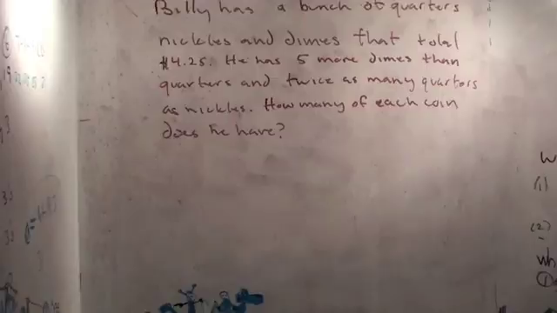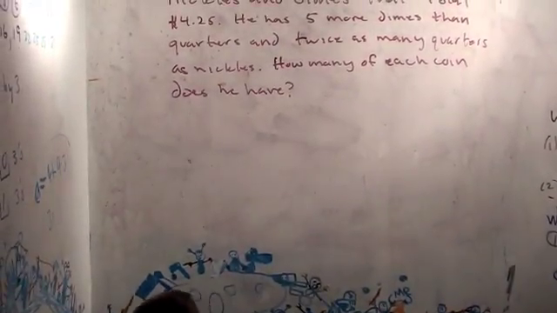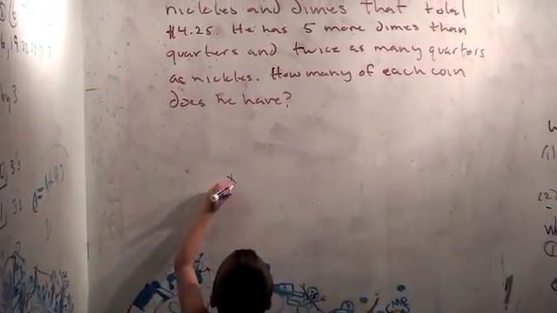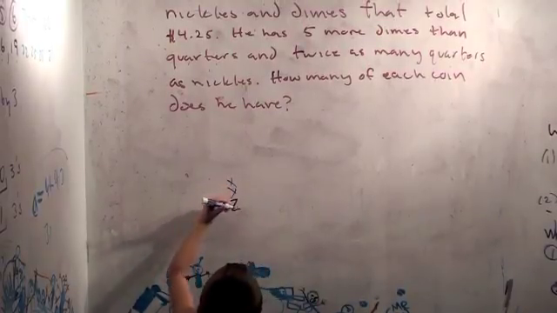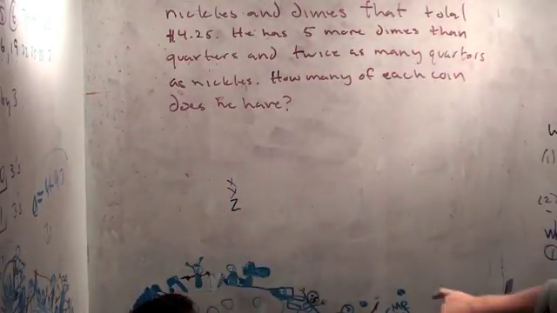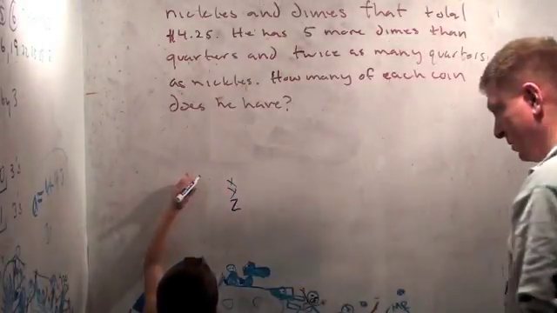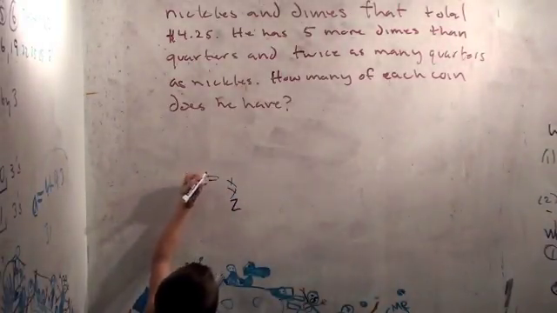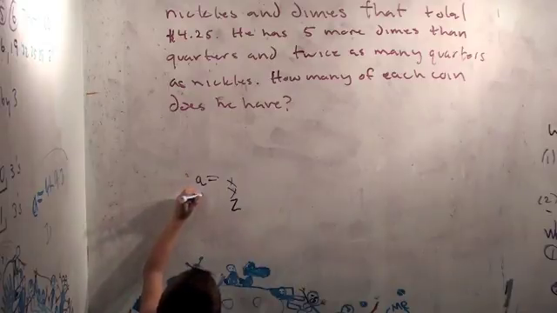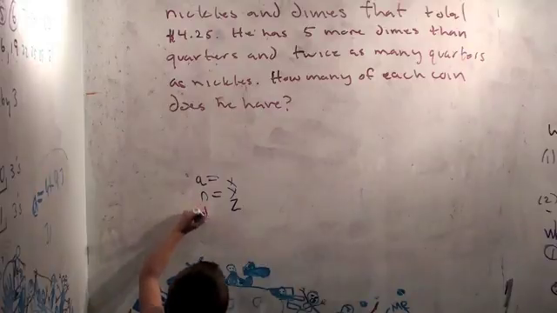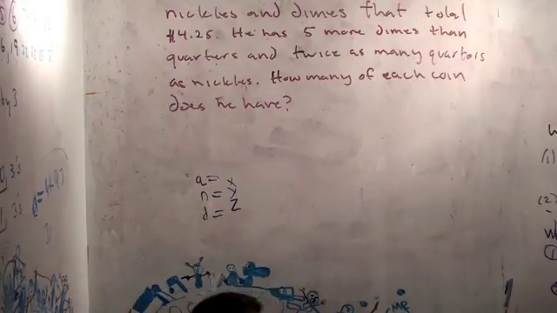Quarters equals X, N equals Y, and dimes equals Z. Right now you have 3 unknowns, and you're going to try to get it to 1 unknown. So see if you can find any relationships between X, Y, and Z.